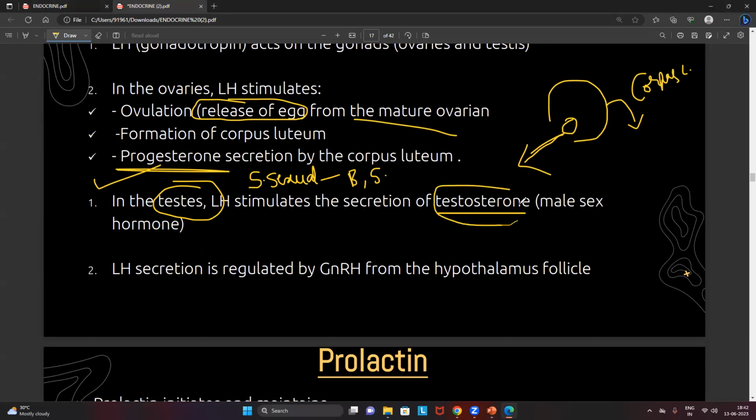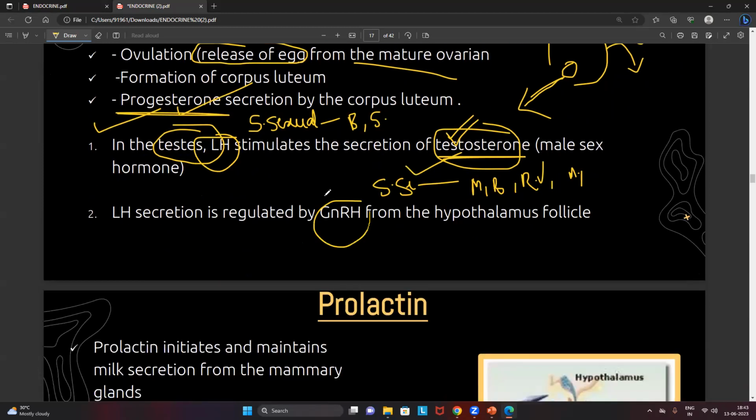Similarly, testosterone acts as a male sex hormone, which is involved in the development of secondary sexual characteristics, such as development of the mustache, the beard, and the rough voice in the males. That is also muscle growth and development of the sexual characteristics. So all that is mediated by what hormone? Testosterone.